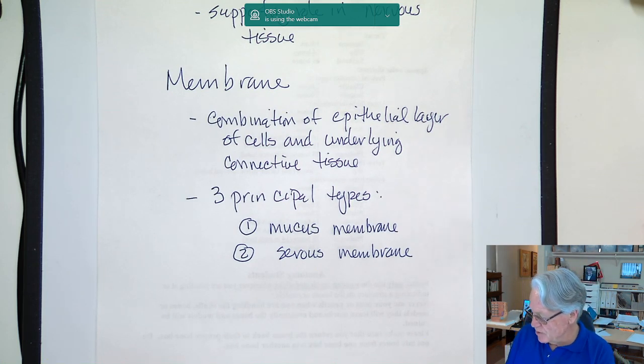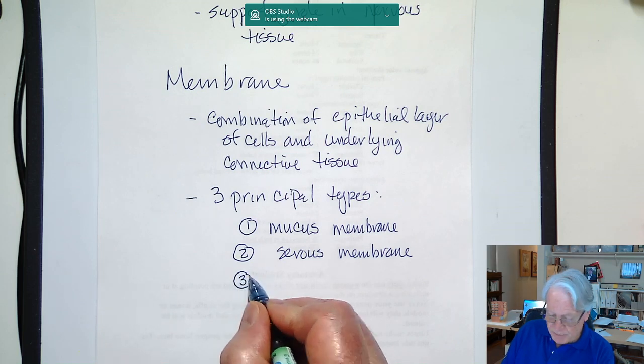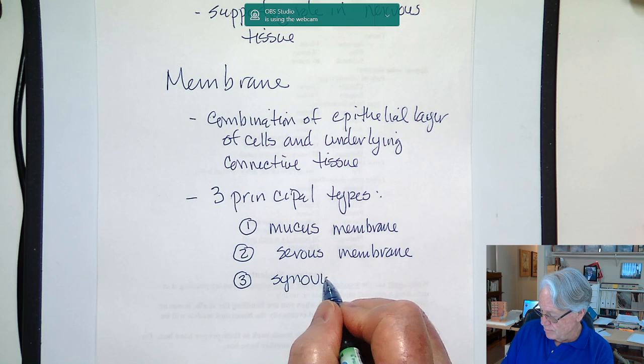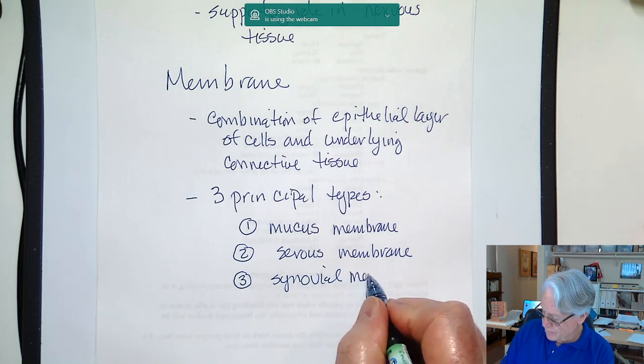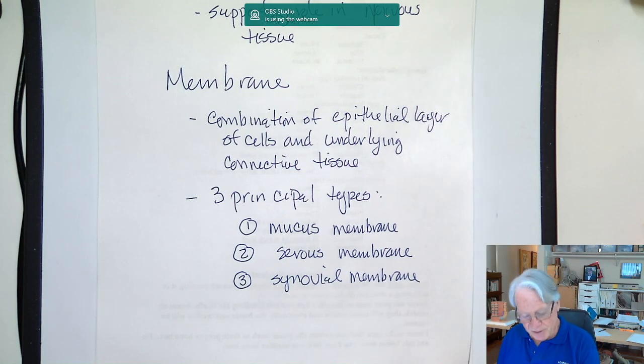So mucous membranes and serous membranes we've been talking about from time to time, quite a bit actually. This third type, really haven't mentioned it, so it should be new to you: synovial membranes. Those are the three principal types of membranes.